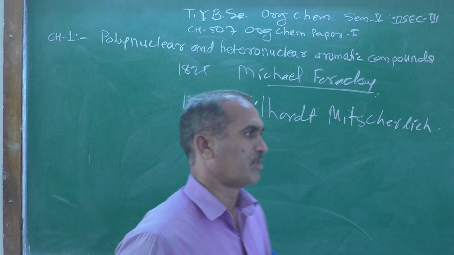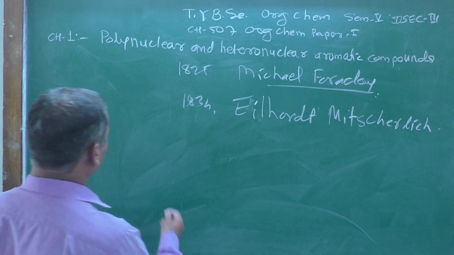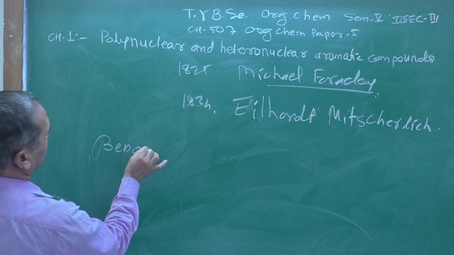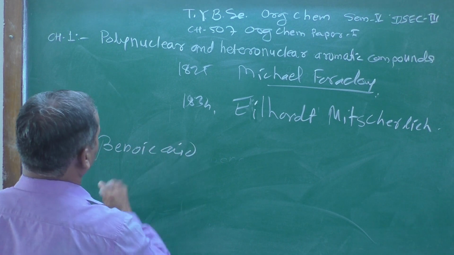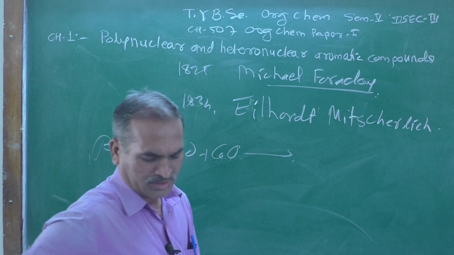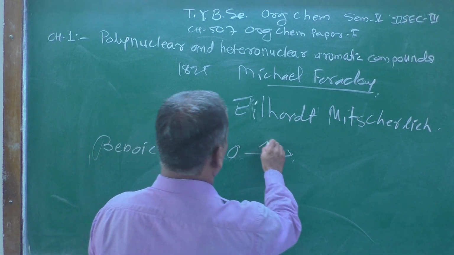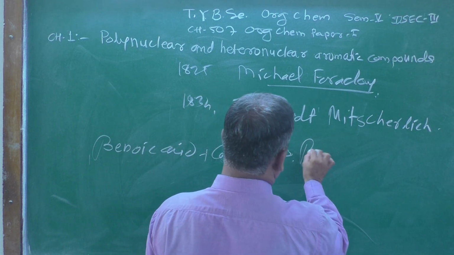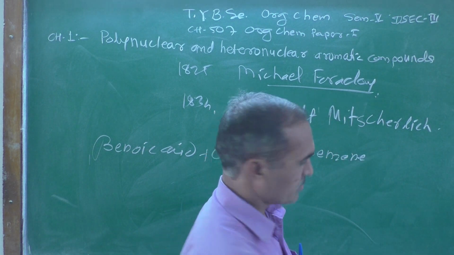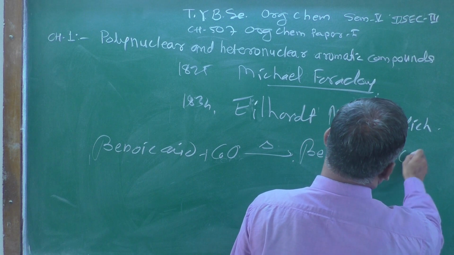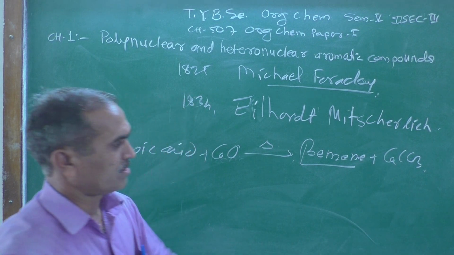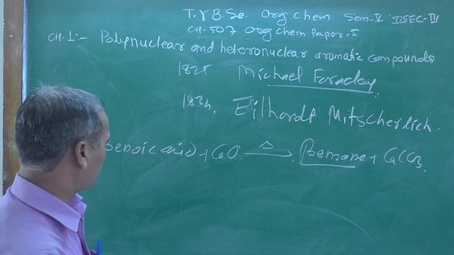They obtained benzene starting with benzoic acid heated with lime, calcium oxide. What they got was benzene, and the side product is calcium carbonate. Here is benzene, and the byproduct is calcium carbonate.